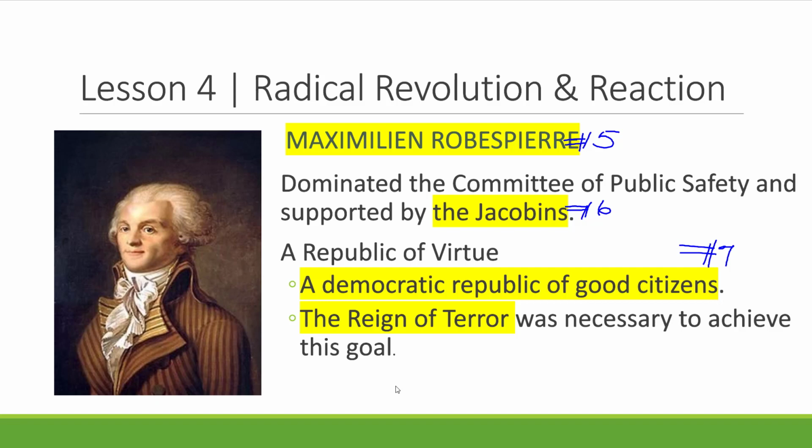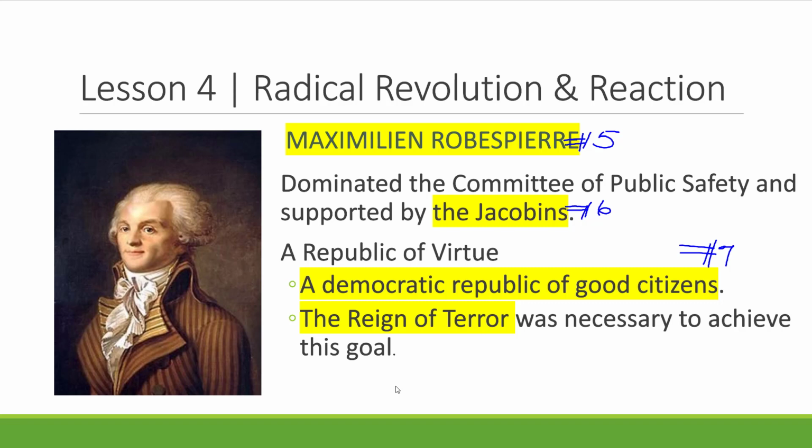He was very extreme in terms of laying a heavy-handed justice, quote unquote, on those that he didn't see as good French citizens, right? Or trying to put forth a democratic republic for France, right? So if anyone went against that, it was off with their head, right? So that was Maximilien Robespierre, and that's 5, 6, and 7.